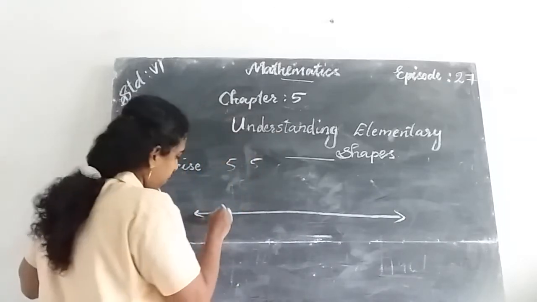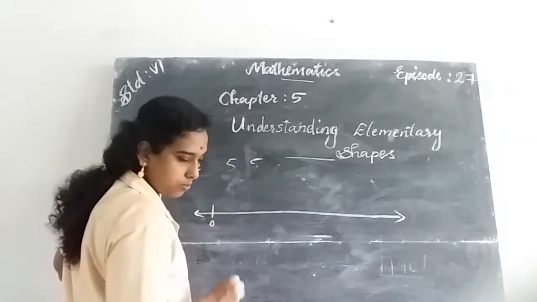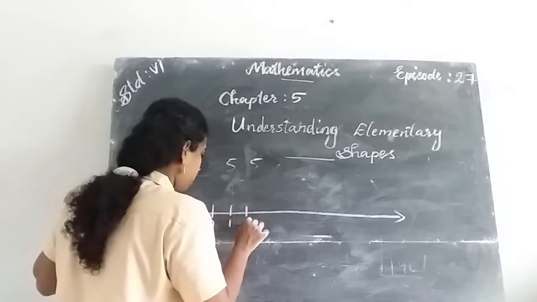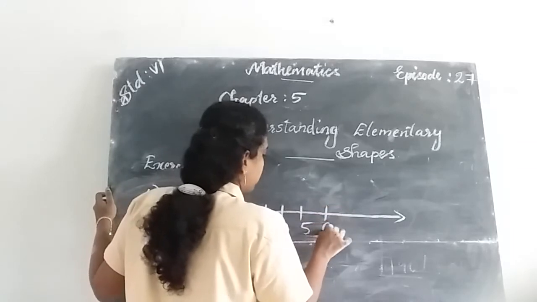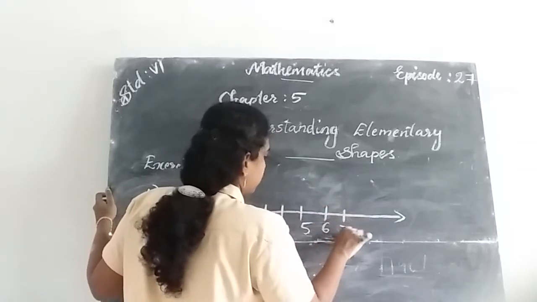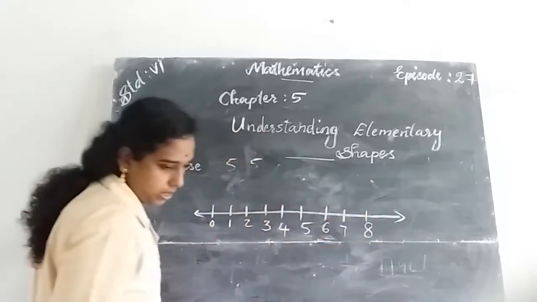Here the points are marked 0, 1, 2, 3, 4, 5, 6, 7, 8. Okay.